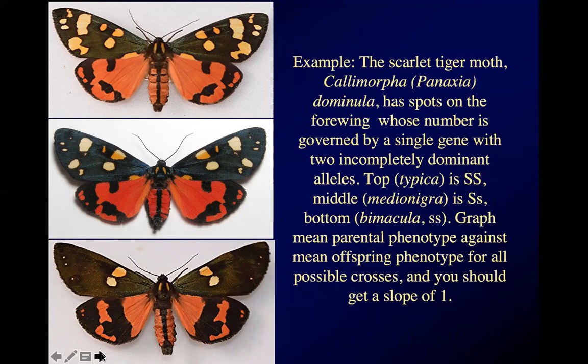So the top one has a genotype we can write as big S, big S. The bottom one is homozygous recessive, little s, little s. The one in the middle is heterozygous, and you see it's got an intermediate amount of spotting on those front wings.